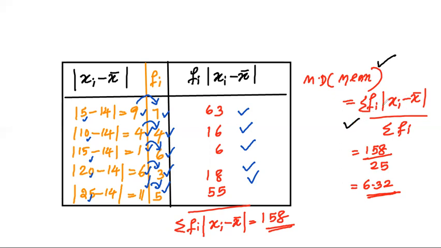Use the formula sigma fi into mod xi minus x bar by sigma fi. The value of sigma fi into mod xi minus x bar is 158 if you add those values. Sigma fi, if you add all, is 25. Apply the values: 158 divided by 25 will give you 6.32. So 6.32 is the mean deviation about the mean of this grouped data. I think the concept is clear for you.